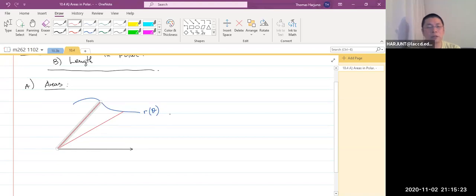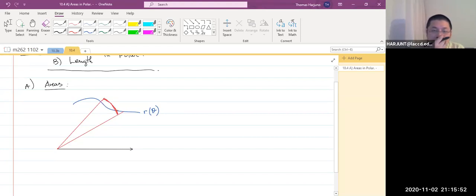Let's say I want to find the area between these two sectors. Now, if I supersum this, eventually it becomes like this. It becomes a sector if I supersum that.